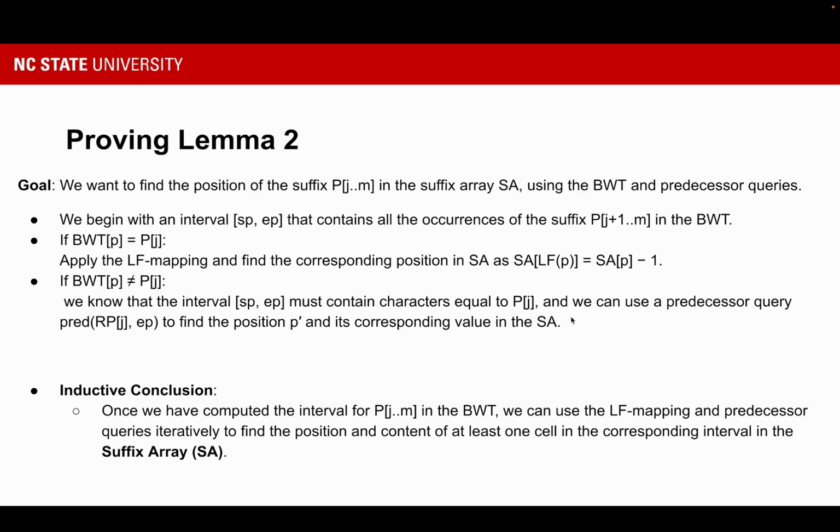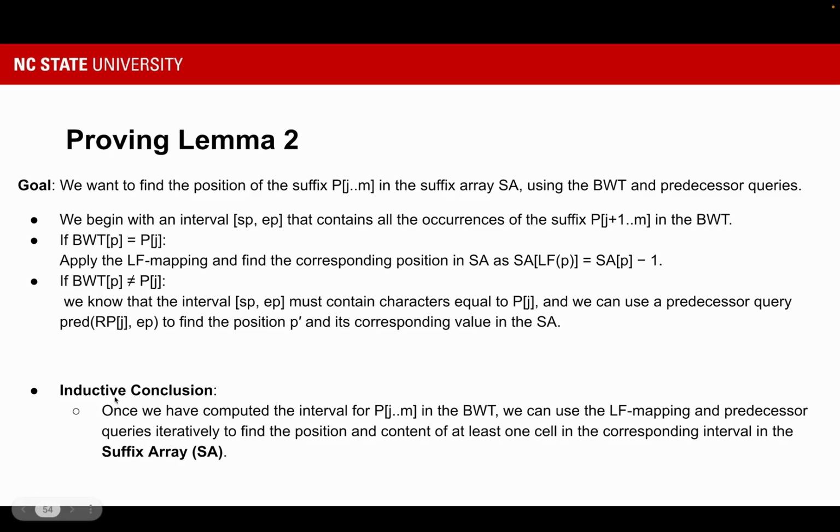In that scenario, we could use a predecessor query to find the position p dash and its corresponding value in the suffix array. This is where the sample character comes into play. Sample characters are at the boundaries, and if P occurs in T, then we can find the boundary of a specific run, which is where the predecessor queries can help us to find the position p dash.